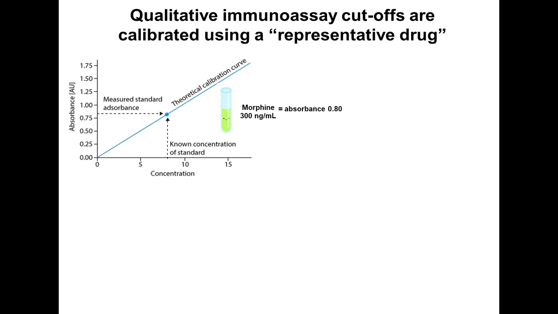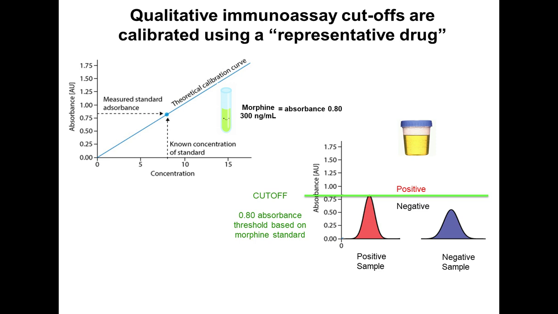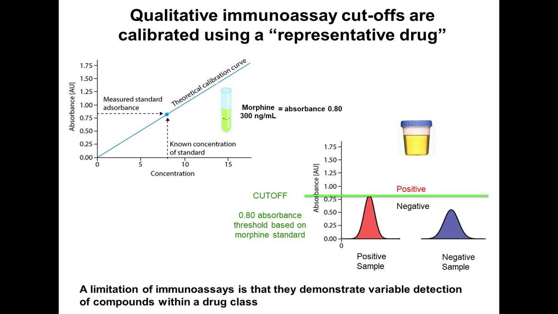We see that 300 nanograms per mil of morphine generates an absorbance of 0.80. When we run our patient sample, our unknown, any sample that generates a signal of 0.8 or above would be considered positive, and anything that generates a signal less than that, or maybe no signal at all, will be considered negative. That's pretty straightforward.